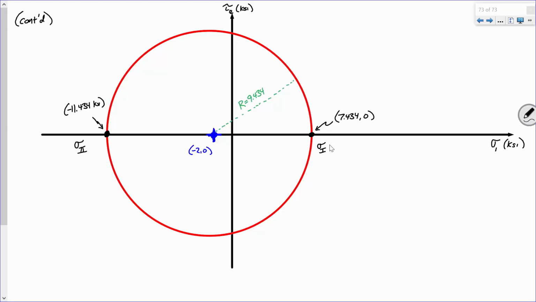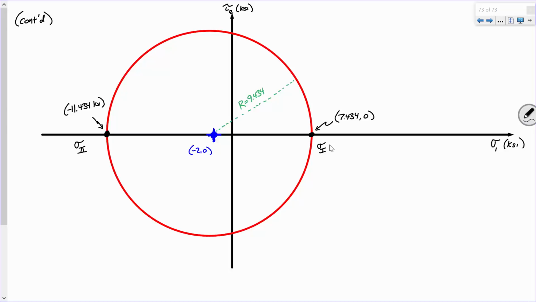Now help me out. For this stress state, if this circle represents what the stresses are at any random orientation, what is the maximum shear stress? And what is the value there at the top of the circle?